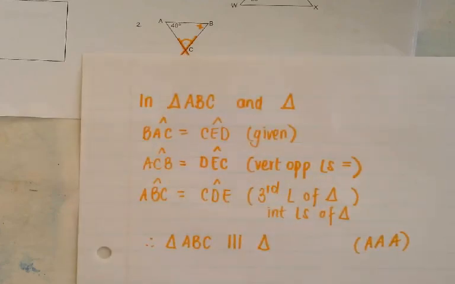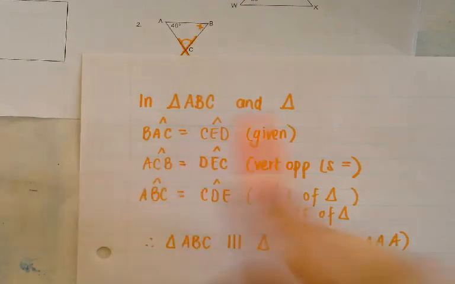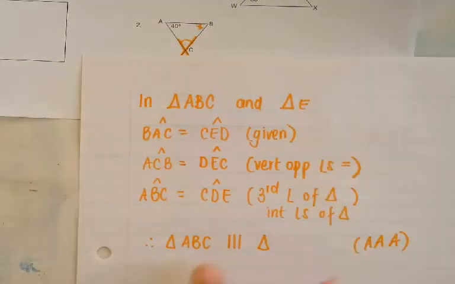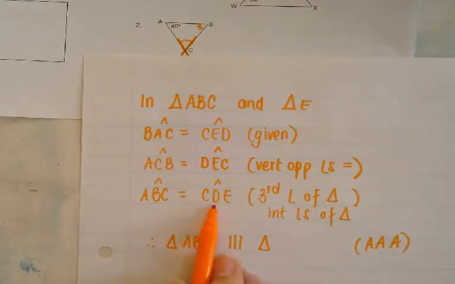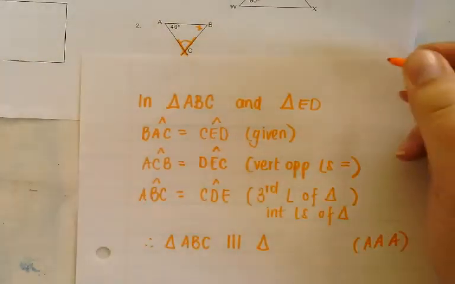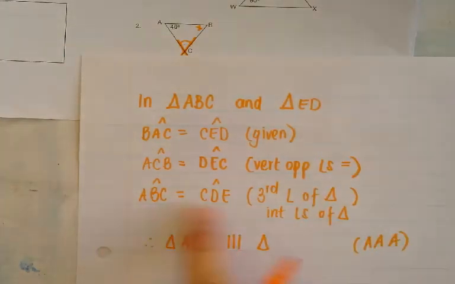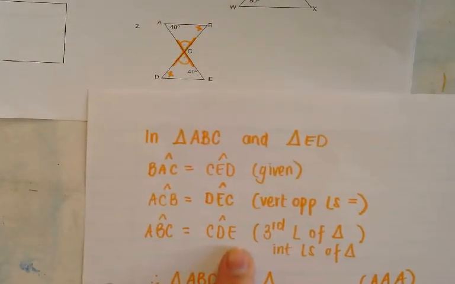So let's match. What matches A? A matches E. What matches B? B matches D. And C is matched to E. Sorry, I think I did this one wrong. Yes, I did.